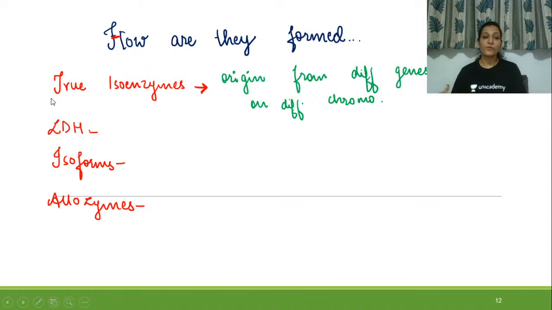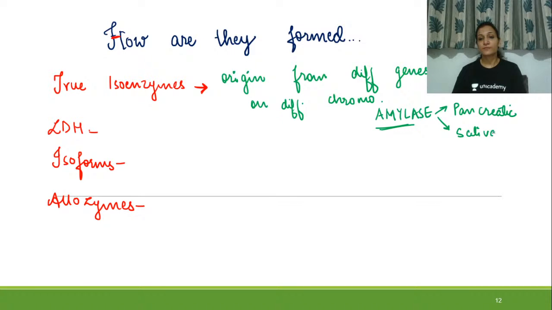The chromosome on which they are present will also be different. One example of such isoenzyme is amylase. There are two forms of amylase, that is pancreatic and salivary, and they are present on different genes. These two forms of amylase are present on different genes, right?